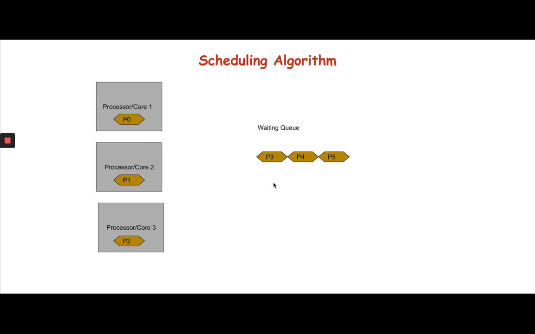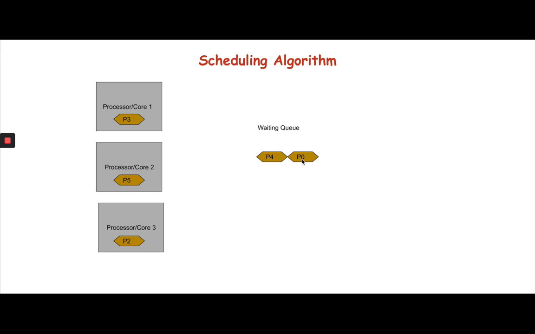Cool. Next we see that P0, which was processed by core 1 for some quanta, is not completed. That's why it is again in the queue waiting for its turn, and other processes are assigned to other cores. P0 is waiting now.